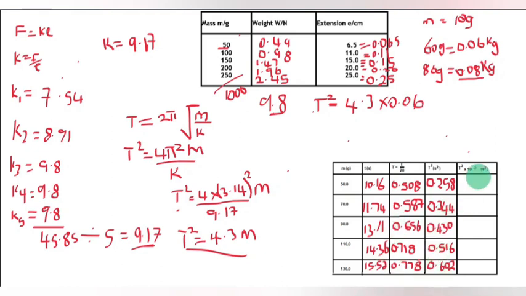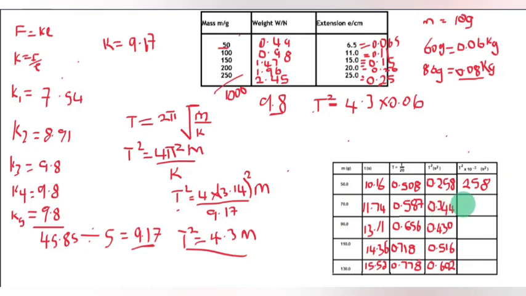So I've completed that. Then you notice that here I have T squared times 10 raised to the power minus 3 in seconds squared. So what I want to do is to write this in powers of 10 so that my graph becomes easy for me to plot. So I'll just move this, count is 1, 2, 3. So that would be 258 times 10 raised to the power minus 3.